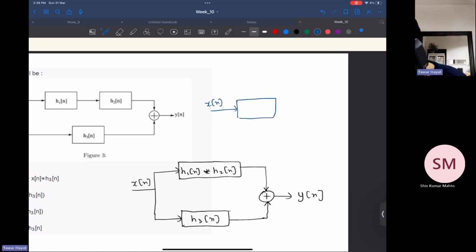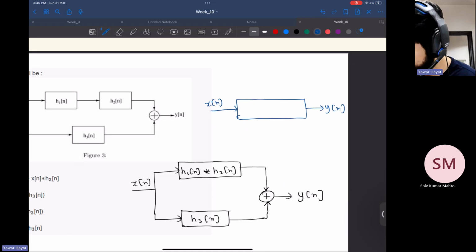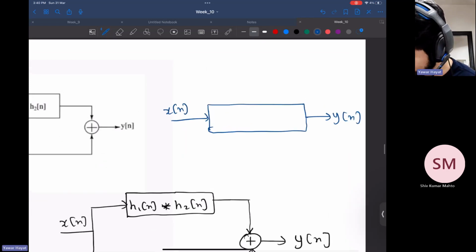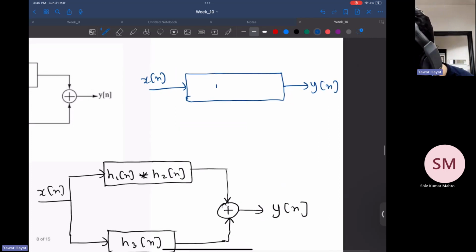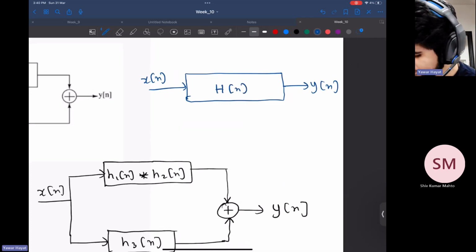If I were to replace this by a single impulse response, suppose this is h of n, what should be the expression for h of n?